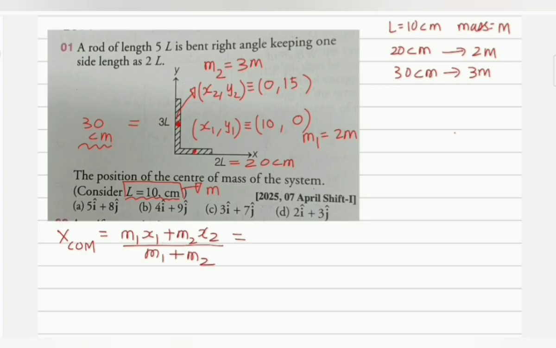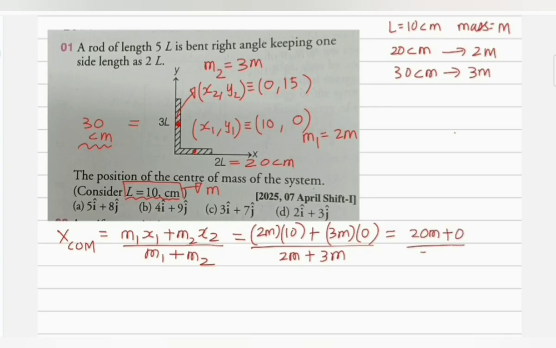Alright, students, what is the value of m1? 2m. x1 10 plus m2 3m multiplied by x2 0 divided by total mass, students, 2m plus 3m. Alright, that should give you 20m plus 0 the whole over 5m. So m will get cancelled. In the next step you should be getting 4, right? 4 centimeter. So center of mass x coordinate is equals to 4 centimeter.